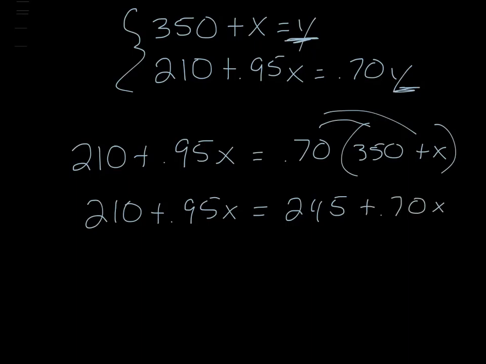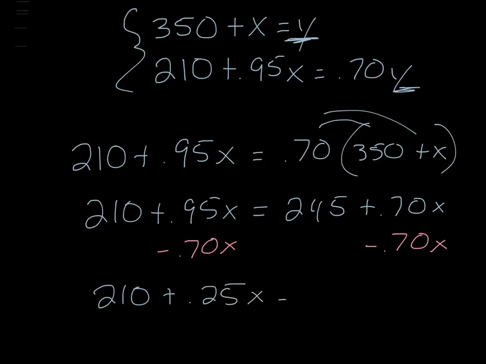plus 0.70x. Then I'm going to consolidate my variable to one side by subtracting 0.70x from both sides. That gives me 210 plus 0.25x equals 245.